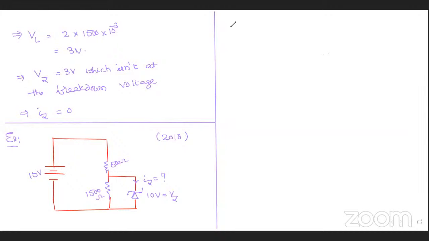Sir, 3.3. 3.3 is there, Nana, in the options. I think that is correct. This question's answer, 3.3 milliampere. 3.3 correct, Nana.